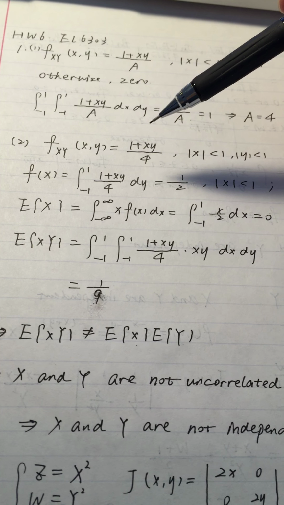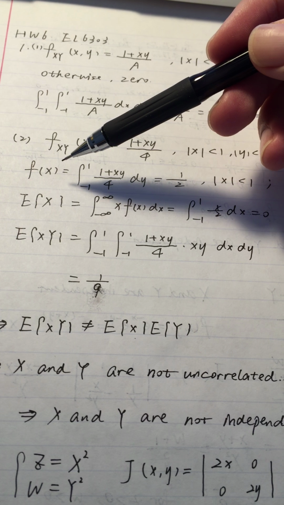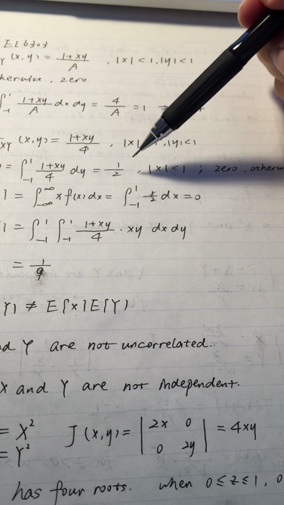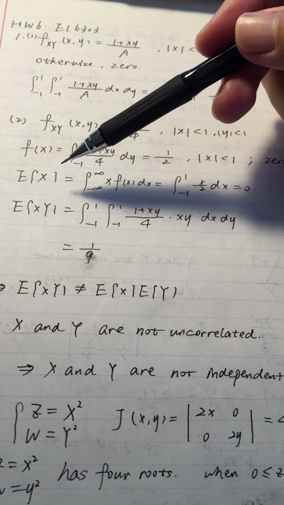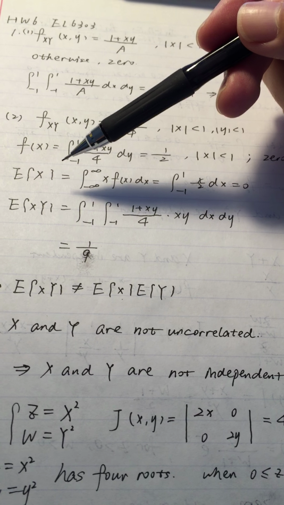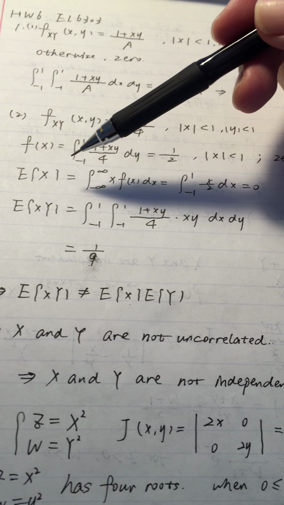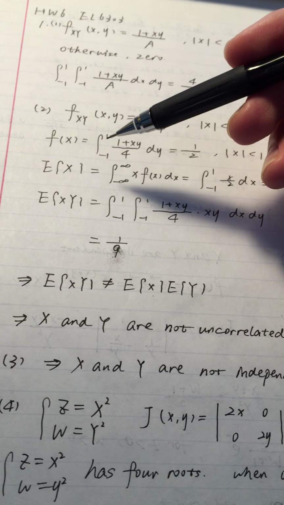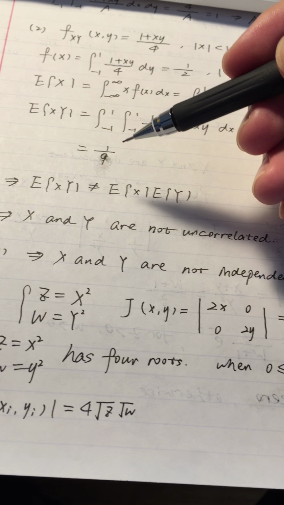So we can get the density function of x, it's 0.5. That's a constant. So we can know that the expectation of x is 0, but the expectation of x multiplied with y is 1/9.